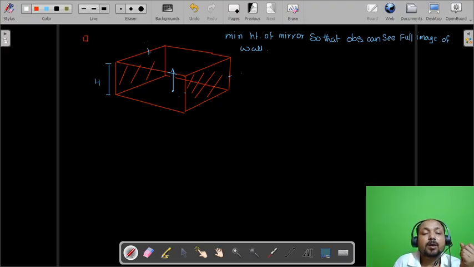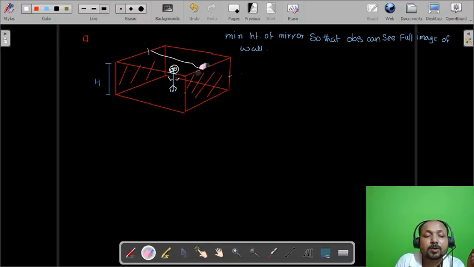Let's say the very important thing is that if this is the observer, its eyes of the observer, then the ray should be incident through the top of the object and enter the eyes of the observer. Let us draw the ray diagram first and trace it.